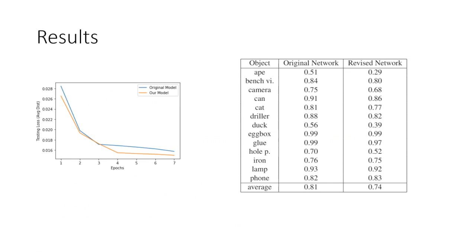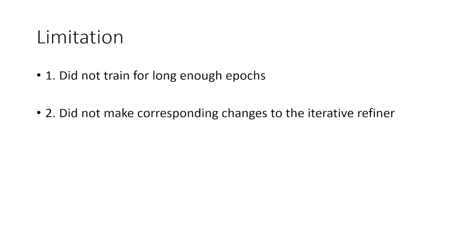The reason for this discrepancy comes from the pre-trained iterative refinement model provided by the original research group. The iterative refiner uses the pose estimate of the DenseFusion network as an input to correct its estimation error. However, the iterative refinement network is designed to work with the original DenseFusion network.